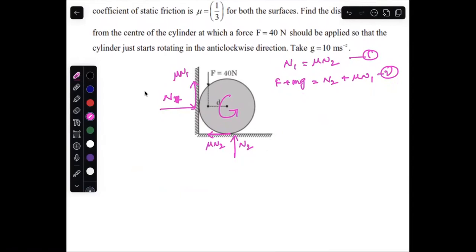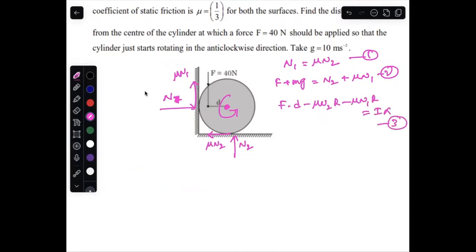Now take the center as a criterion and apply the torque equation about the center. Fortunately, your normal reactions pass through the center, so you don't need to count their torque effects. But friction contributes some torque, which should be considered. Therefore, F into d minus mu N2 into R minus mu N1 into R is I alpha, equation 3.